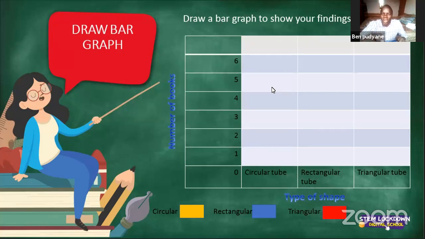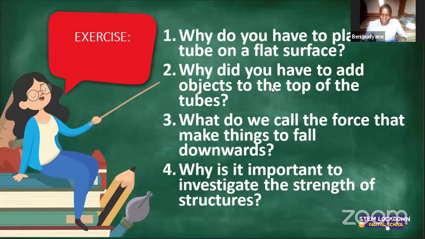You shade the circular tube up to number 14. For the rectangular tube, you shade up to number 6 because the data that we got is 6 books. And triangular is up to number 6 because we also had 6 books.